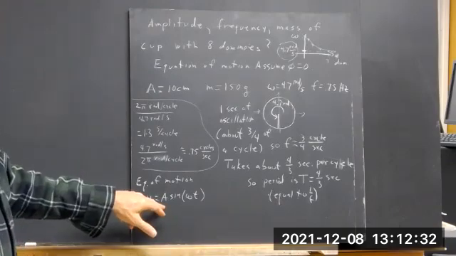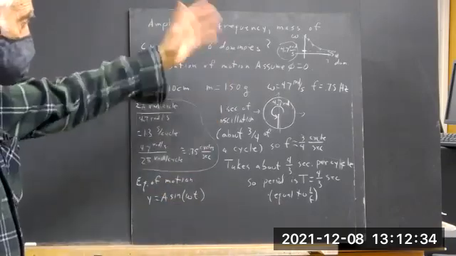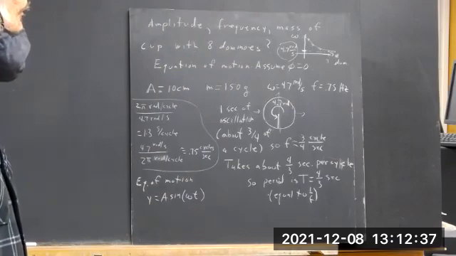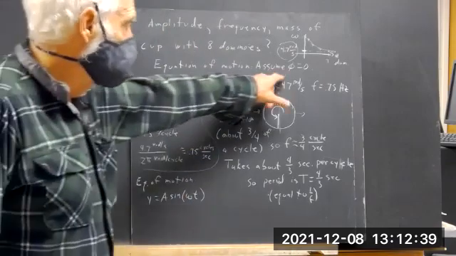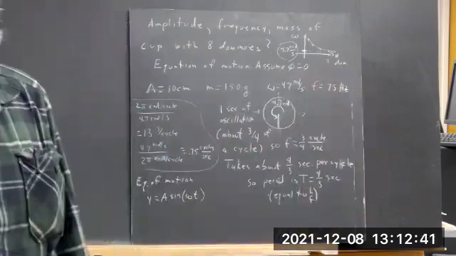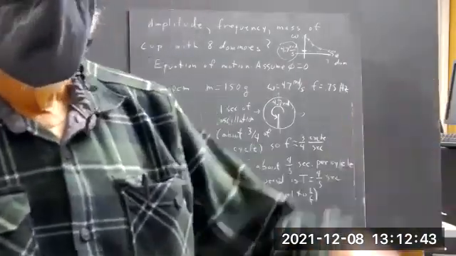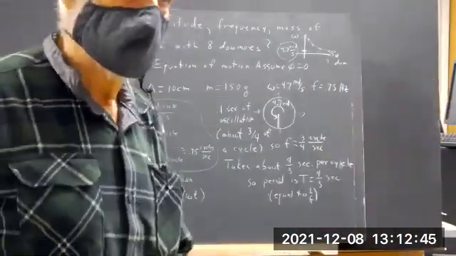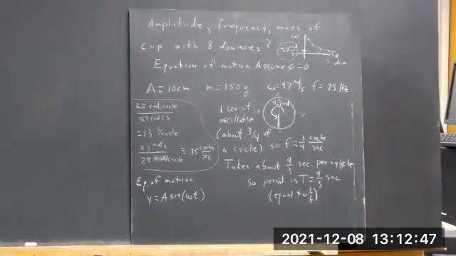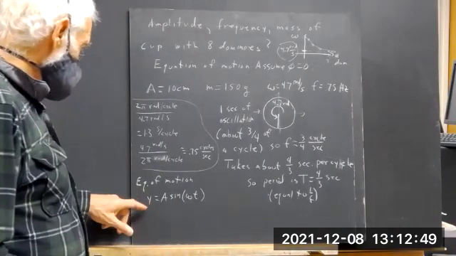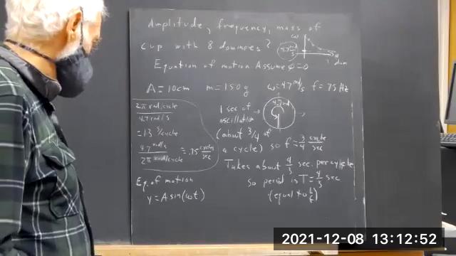You could have chosen cosine of omega t. You could have thrown a phase angle in there, but I said assume phase angle of 0. Because all we're really interested in is a model of the motion, and we can shift the phase any way we want to. And we'll talk about that. Okay, here's your equation of motion.